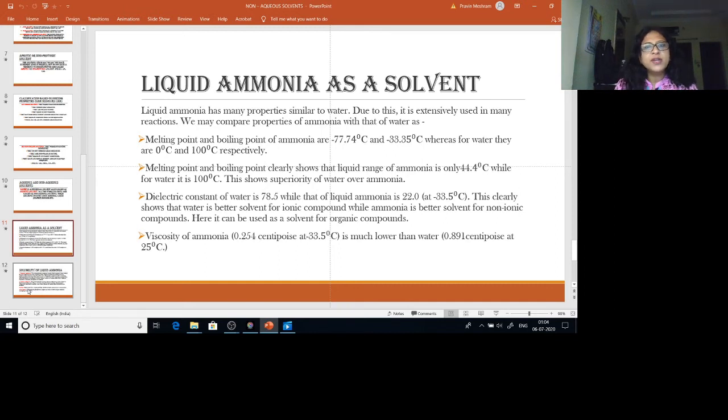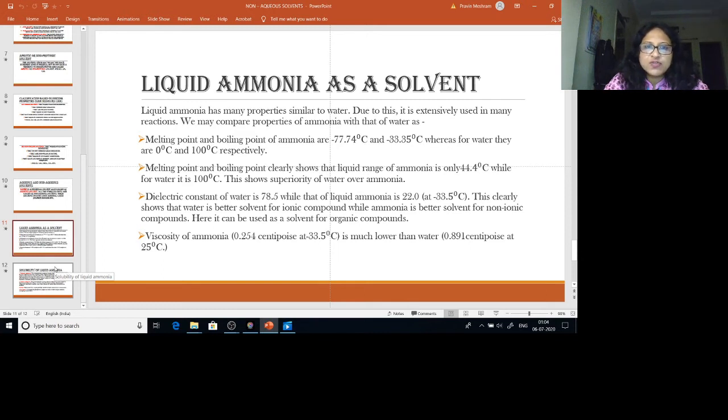The melting point and boiling point of ammonia are minus 77.74 degrees centigrade and minus 33.35 degrees centigrade, whereas for water they are 0 degrees and 100 degrees respectively. This clearly shows that the liquid range of ammonia is only 44.4 degrees Celsius, while for water it is 100 degrees Celsius. This shows the superiority of water over ammonia.